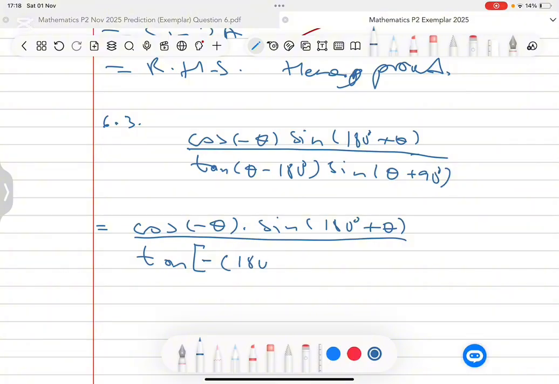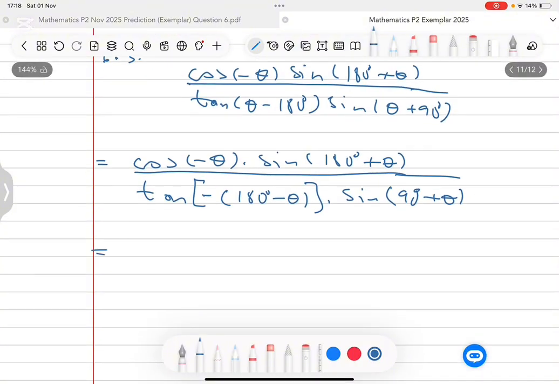So here it means I'm going to have 180 degrees minus theta. So if I multiply this by that, I get a negative 180. If I multiply this by that, I get a positive theta. So I just took out the common factor there. Now, for this one, I'm going to have a sine of, I'm going to just take the 90, put it in front here, and I'm going to have that.